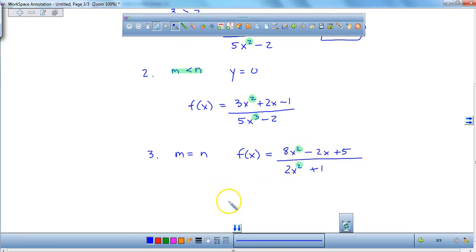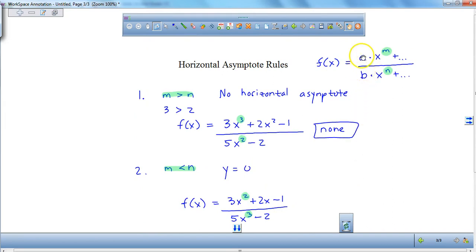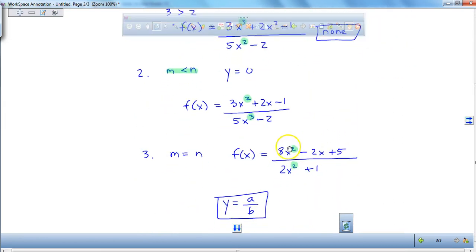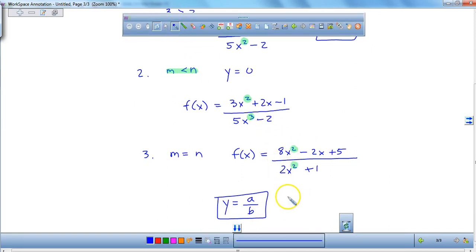If that's the case, then your horizontal asymptote will be whatever a divided by, not a times b, a divided by b is. So what's a over b? This number over this number. What's our a and b value? 8 over 2. So in this one, our answer is going to be 8 divided by 2, which is equal to 4. And that will be our horizontal asymptote.